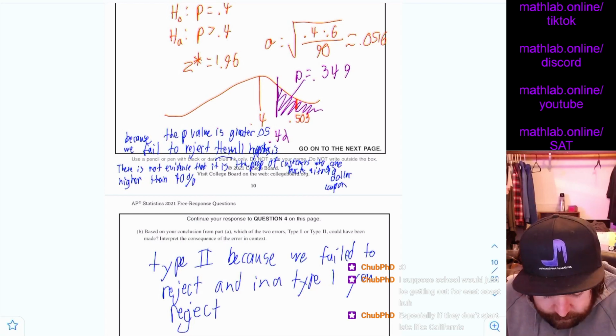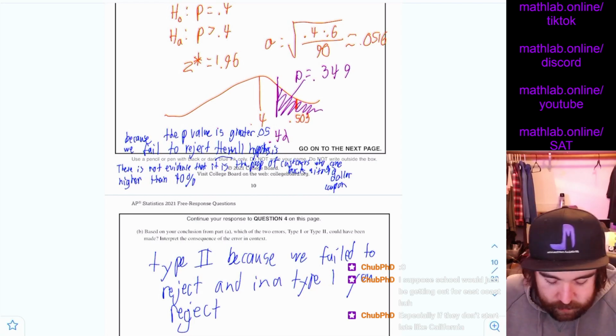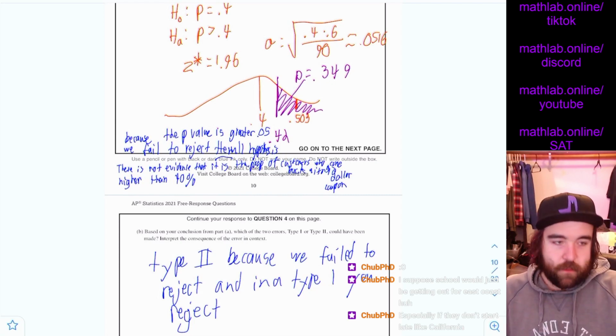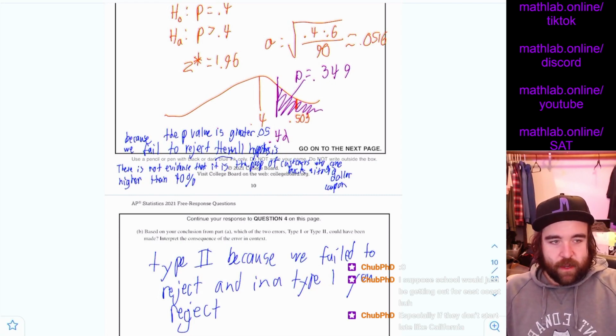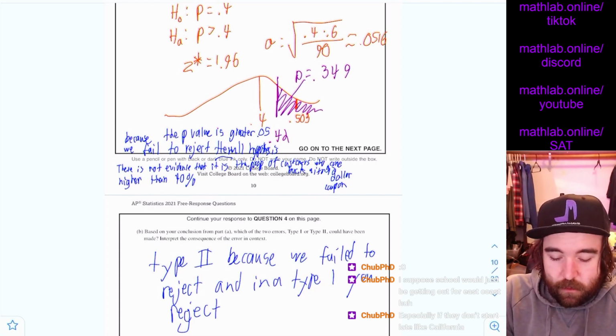I'm pretty sure that's true. So type 2 because we failed to reject the null hypothesis, which means we should have rejected the null hypothesis. Is that correct? I need to Google this before I proceed.